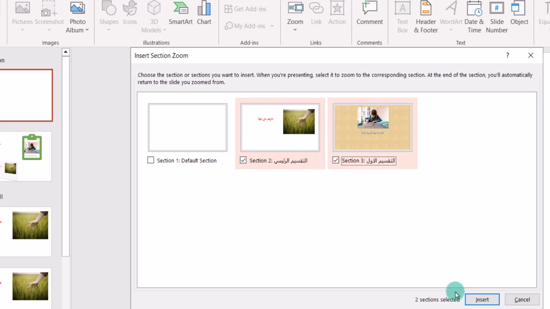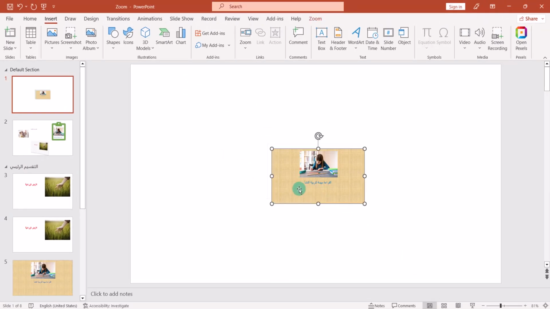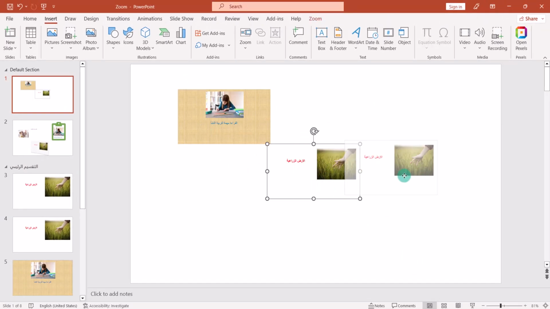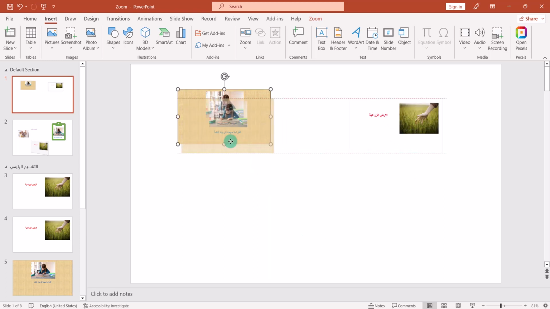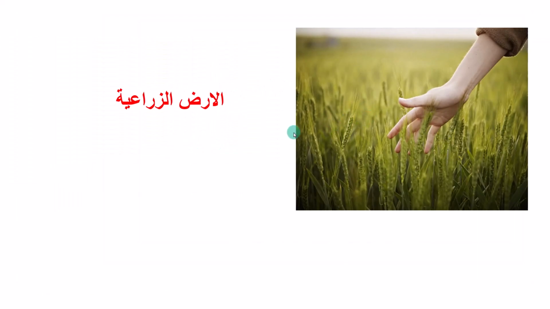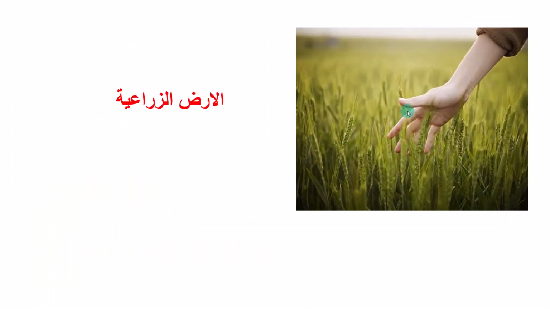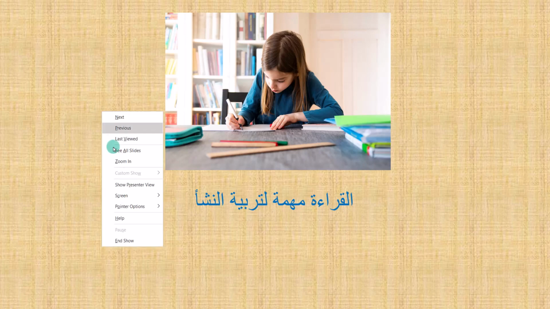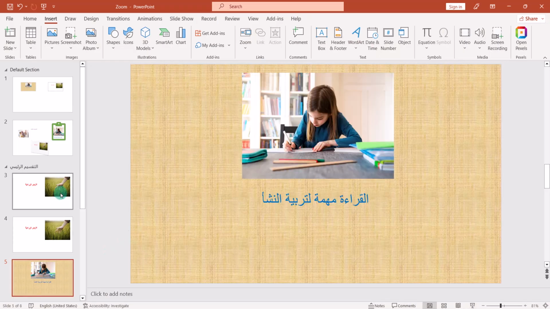We select the sections and then press Insert. When running, the zoom associated with the selected sections will be displayed. Here, the sections, including the slides, appear.